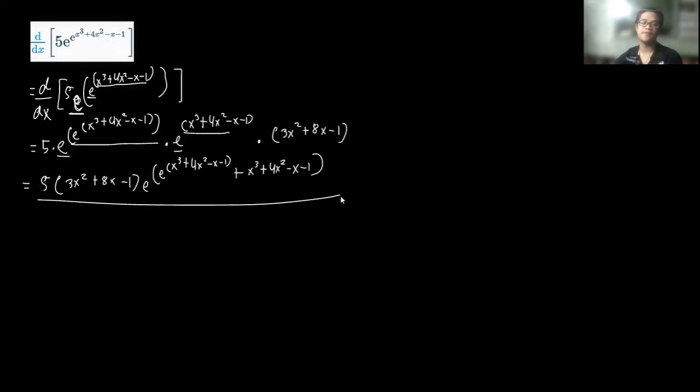So you have e raised to the cubic function plus the exponent here, which is x cubed plus 4x squared minus x minus 1. That's it. You see, you have the same base, e and e, and then add the exponents, and you have this one as a whole. So that is my final answer.